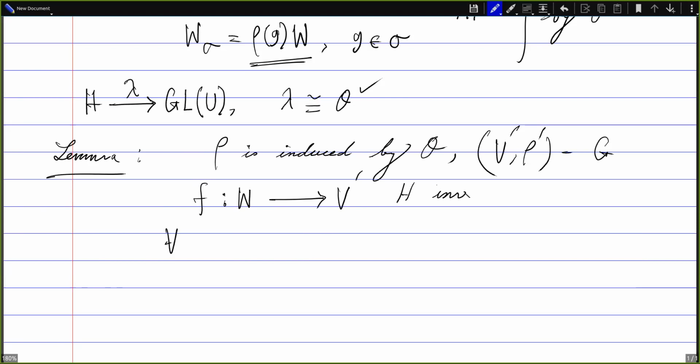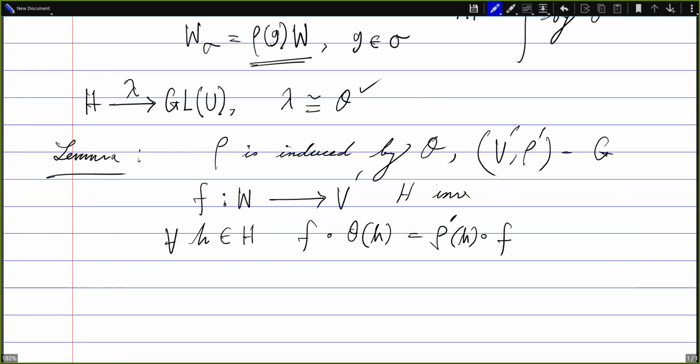What I mean by this is, as expected, for every h in H, f composed with theta h is rho prime h composed with f.